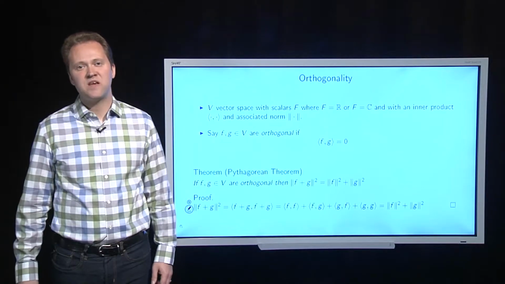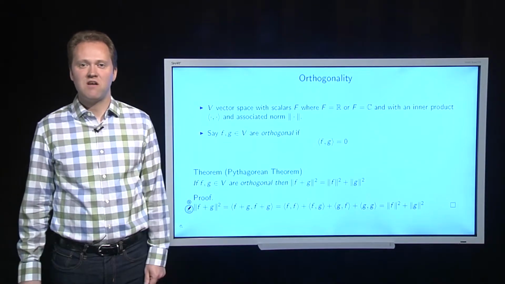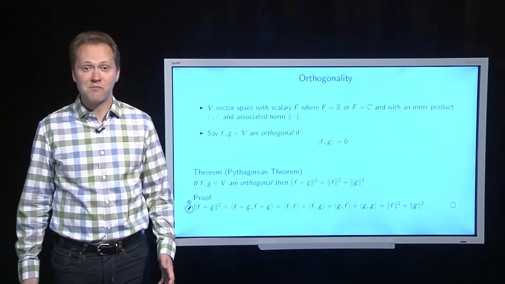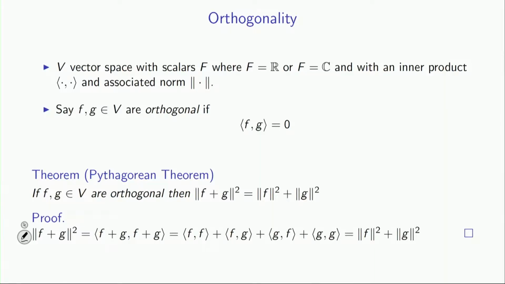Now, in Euclidean space, you have all sorts of theorems if vectors are orthogonal. For example, the Pythagorean theorem. Do we have something similar in any kind of a vector space? Well, yes. The Pythagorean theorem says that if you have two vectors that are orthogonal, then indeed the magnitude of the sum squared equals the sum of the magnitudes squared.